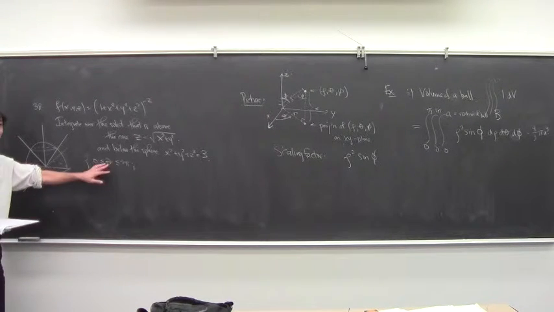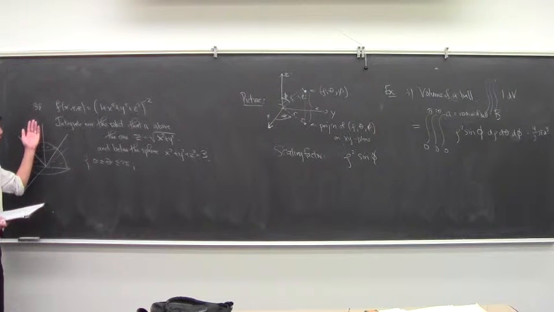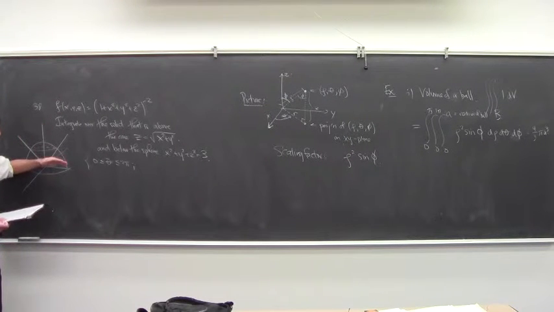Yeah, Paul. The angle phi goes from pi to the angle between the cone and the z-axis, which would be sine inverse of r divided by rho.